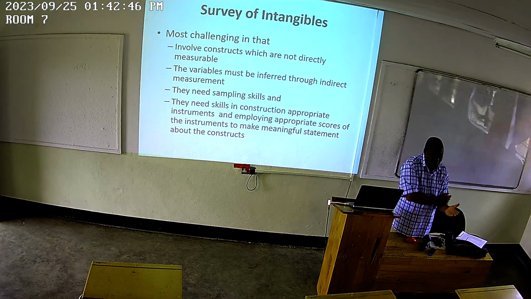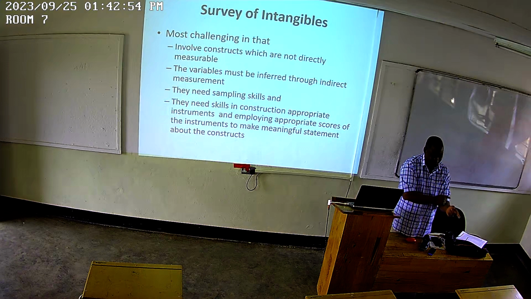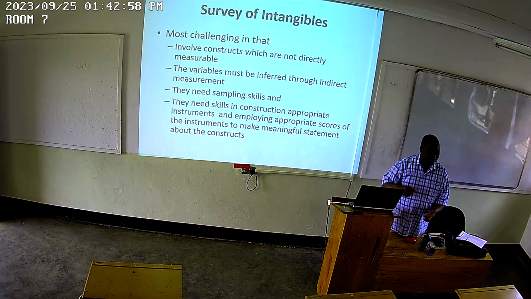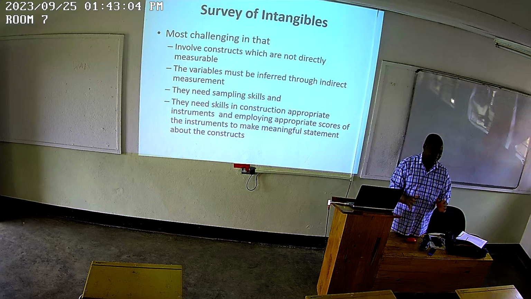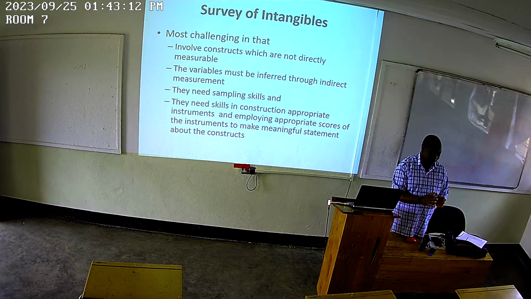And the experts will very quickly pick out, no. In your objectives, you want to ask about opinion. This question is not asking about opinion. They're asking something else. If the experts say, yes, you seem to be measuring what you want to measure, then you can say, my instrument is valid.